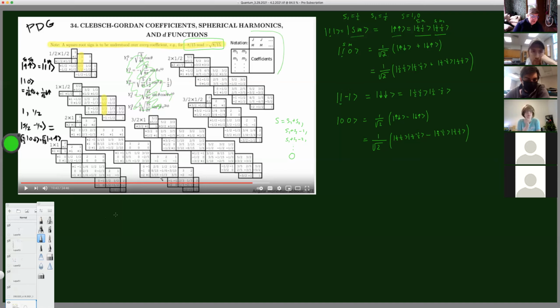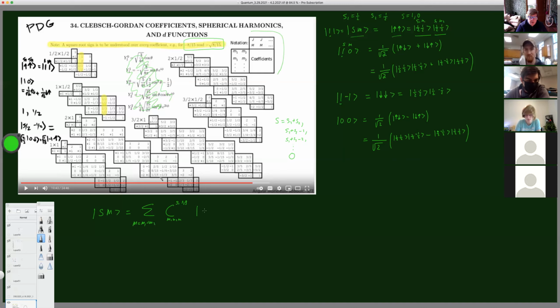Because remember the equation, I'll write it down again. So we have the total S, total M is equal to this sum, where M equals M1 plus M2, of the Clebsch-Gordan coefficients, which have all that notation on them: M1, M2, M, S1, S2, S. It's just a crazy notation for that giant table.